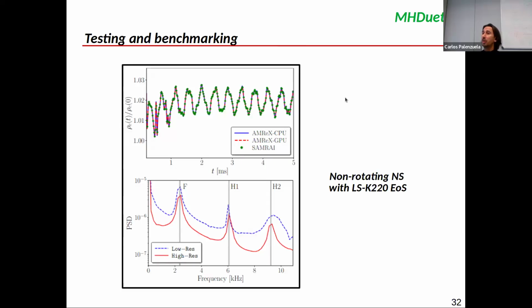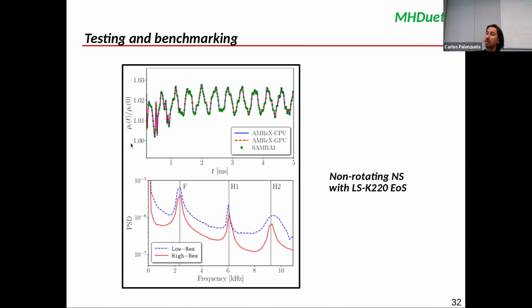Although the codes are different because they run on different infrastructures, they give exactly the same results to machine precision. The SAMRAI code and the AMReX code use different infrastructure, different fields, different variables, different ways of parallelizing and doing the AMR, and they give the same results. I think that is quite nice.